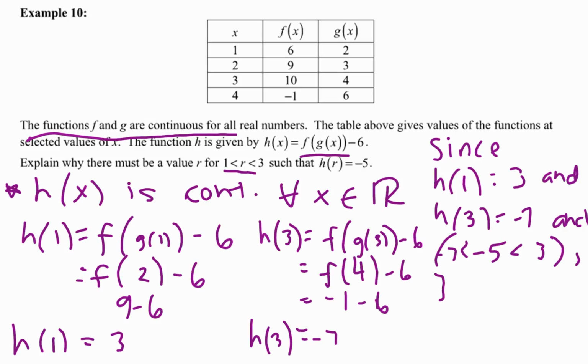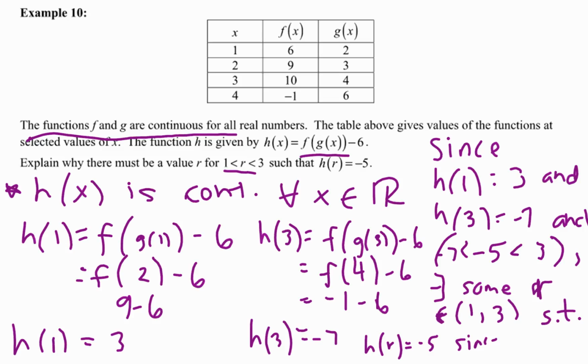Since those are true, there exists some r, since they told us to use r, on that interval from 1 to 3, such that h of r equals negative 5, since negative 5 is between 3 and negative 7. That's a kind of a better place to put it.